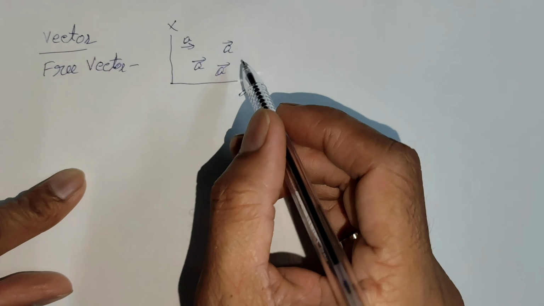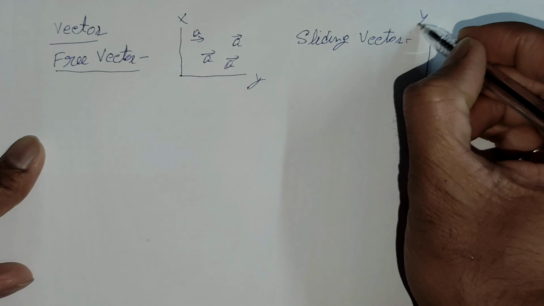Okay, clear? Next, the sliding vector. Same as before, we have a plane, suppose xy.